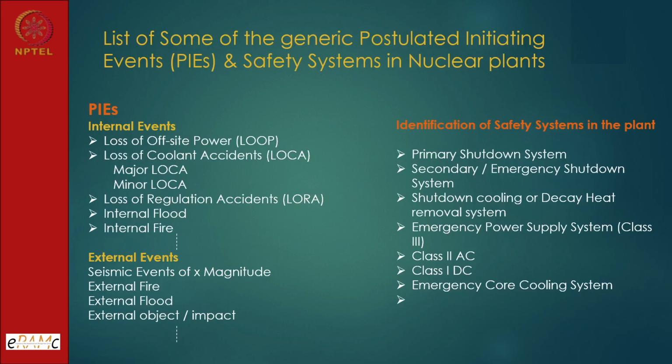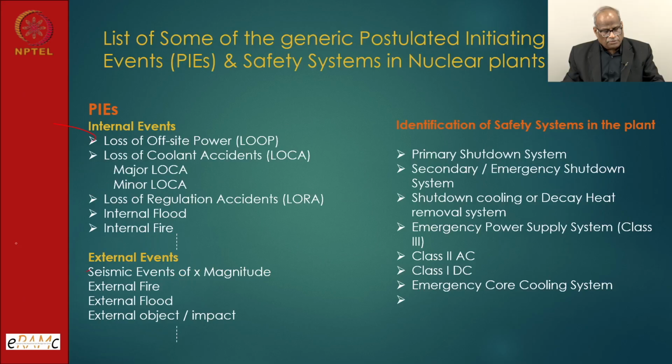Now initiating events can be classified into internal events and external events. We will be confining ourselves only to internal events, level 1 PRA with limited scope. So we will explain everything through loss of offsite power and loss of coolant accident. It could be major or minor. Actually, the list in the plant contains more than 25 to 35 initiating events.